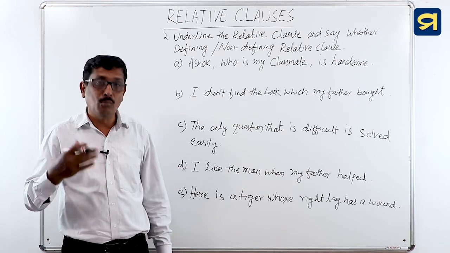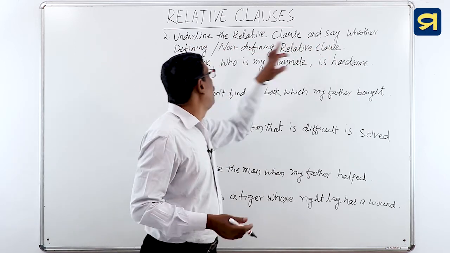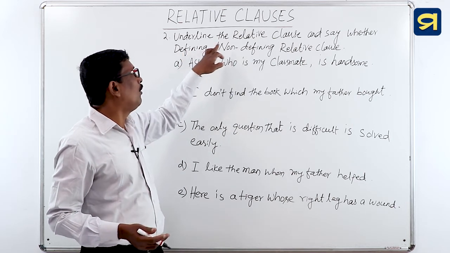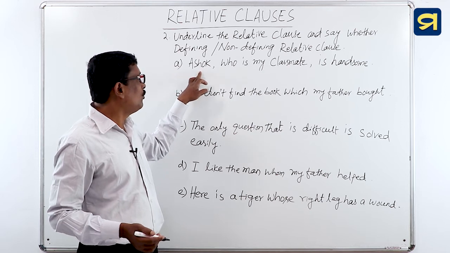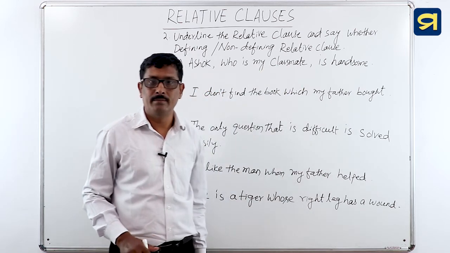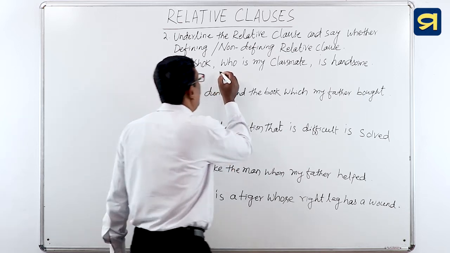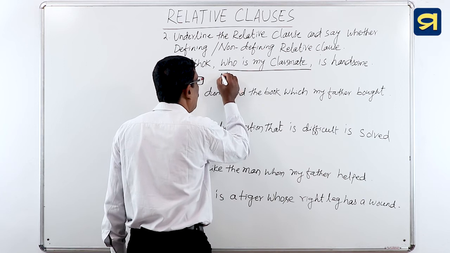Now we'll discuss some more questions. Underline the relative clause and say whether defining or non-defining relative clause. A. Ashok, who is my classmate, is handsome. Very good. It is the relative clause and it is non-defining.